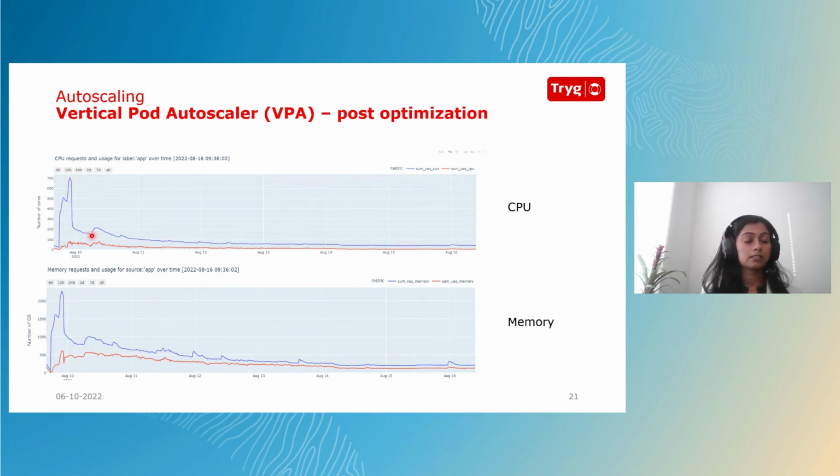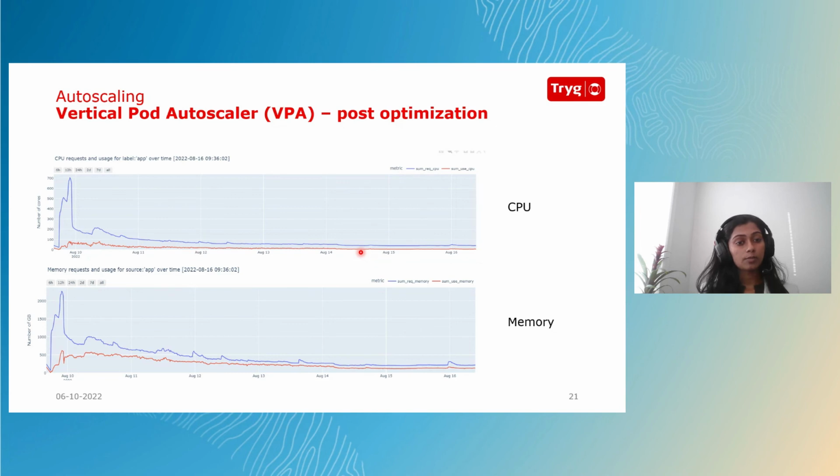This is what we have intentionally configured the VPA to do, because we knew in advance that we would have heavy load in the beginning and we didn't want any kind of delay, and hence we configured VPA in such a way. But this is what you would achieve at the end of cluster autoscaler, horizontal pod autoscaler, and vertical pod autoscaler.